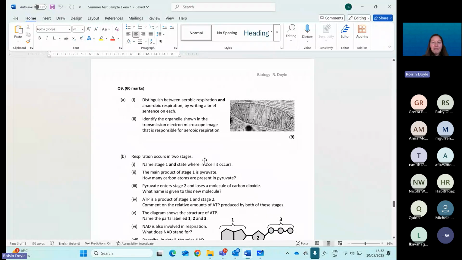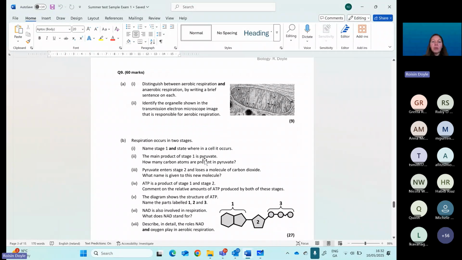This question came from an exact Leaving Cert. Look, state where it occurs in the cell. So that's the cytosol. But sorry, back to this here. This is a mitochondria. You would need an electron microscope, or if you want to say the transmission electron microscope, they're not fussy about that.